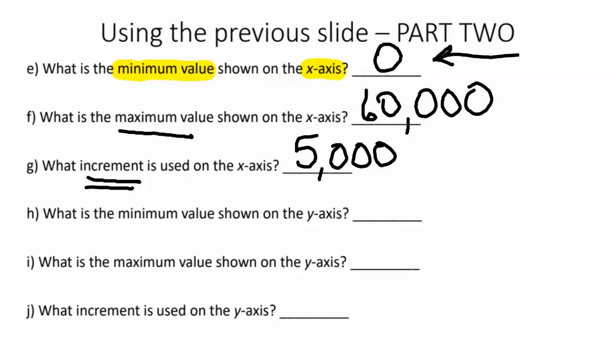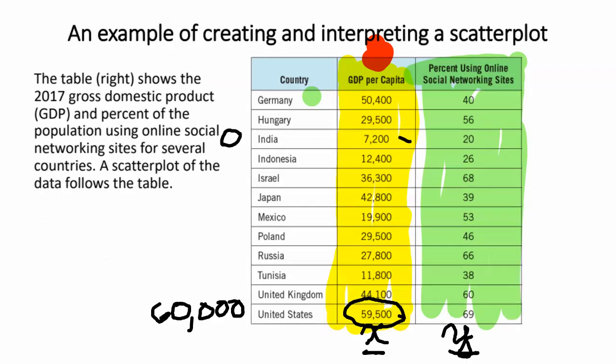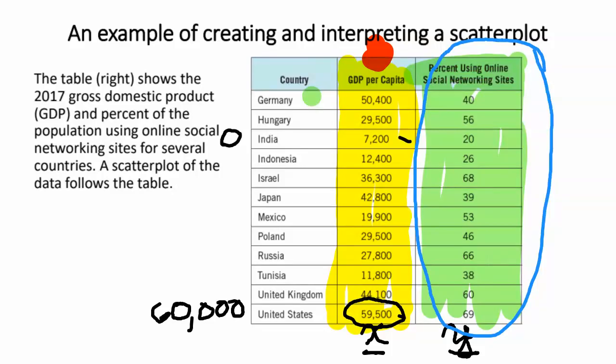Now, let's go back. Now, we're going to go into the y category, which is the green part. Now, looking at this, what is the lowest value?